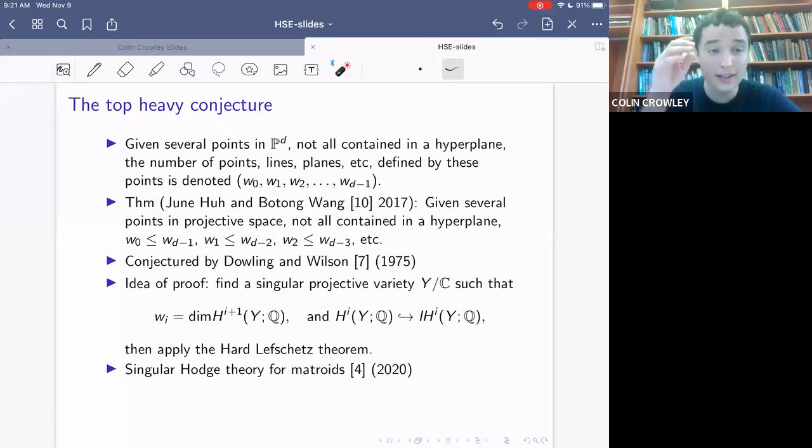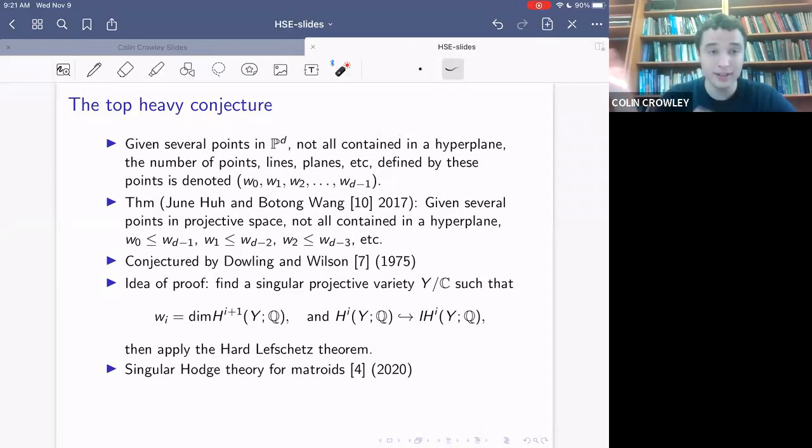The idea is to find, magically, some singular projective variety Y that has the property that the Betti numbers, where H is the singular cohomology, of this Y are exactly these numerical invariants that we were trying to count. The second property is that the singular cohomology of Y injects into its intersection cohomology.